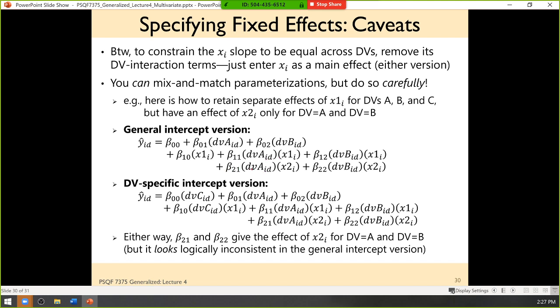Beta 2,1 is the effect of x2 on A, not how the effect of x2 differs for A. And beta 2,2 would be the effect of x2 on B, not how it differs, because it's missing that reference thing here. So this general intercept version is like a hodgepodge, because the first part of it is in reference to the intercepts. So there's an intercept plus and then differences. The second part here is more like the bottom.